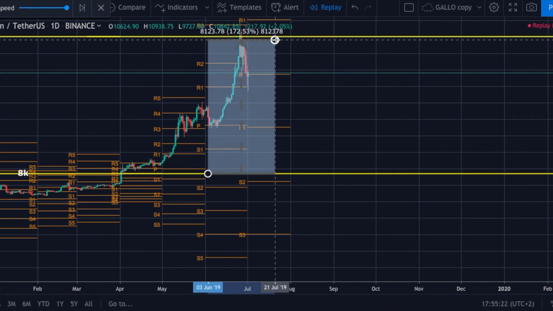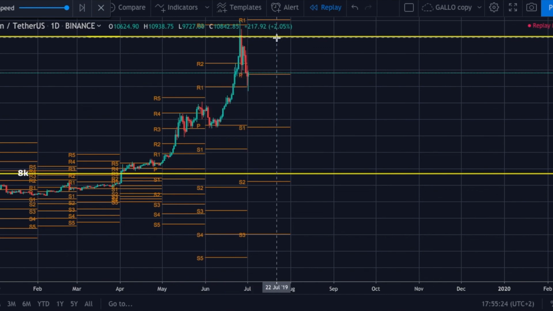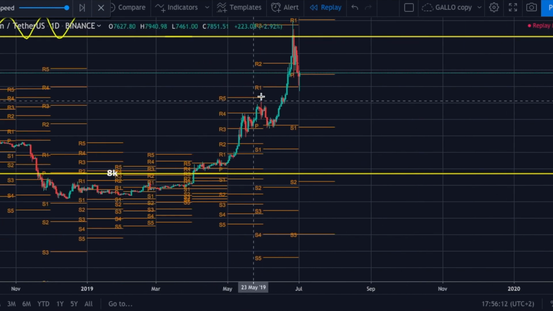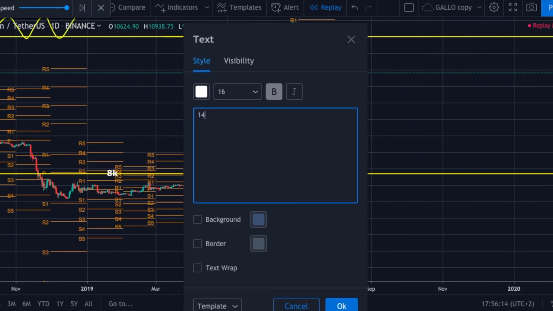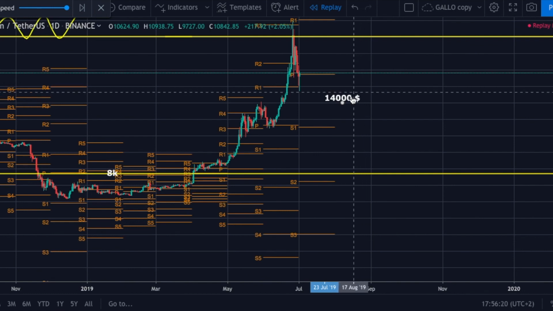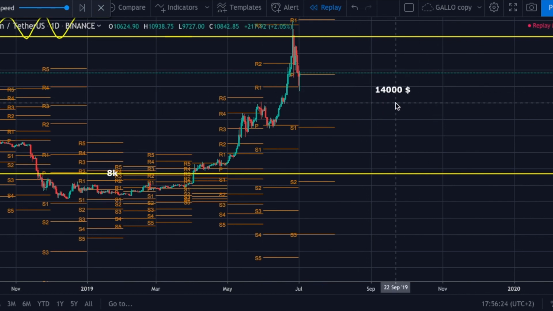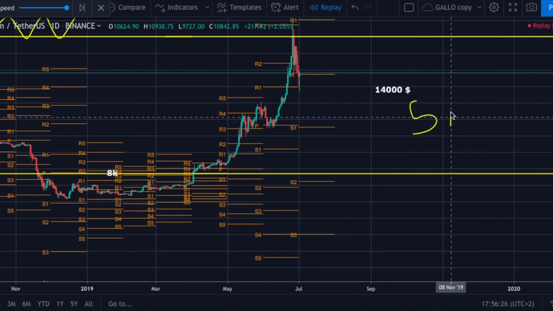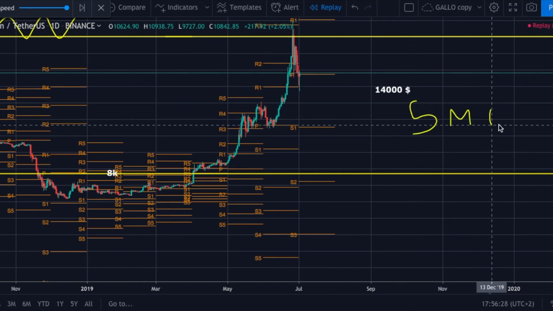I got my 175% on Bitcoin. So what I made on this trade, $40,000 in 5 months.